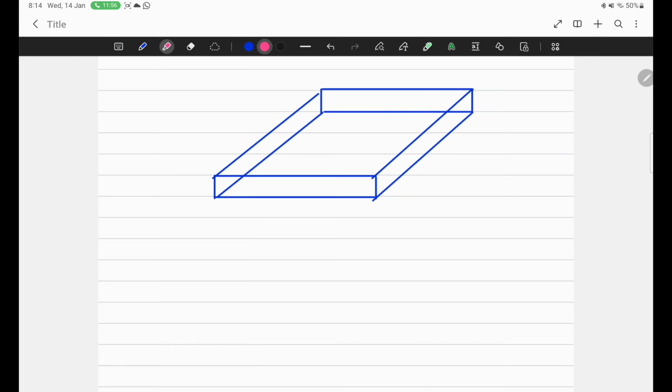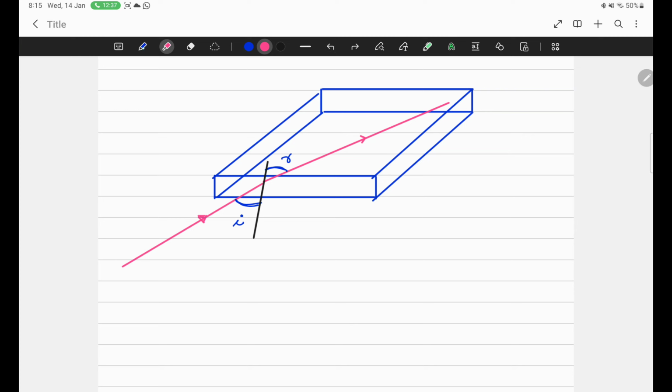This is a glass slab, and in this glass slab, if I use a torch light which is striking the boundary of the glass slab, then this is the original path, but the light will not follow the original path. It will bend. When light enters into a glass block, then this is called the angle of incidence. This is called the angle of refraction, and light does not continue in a straight line, but it is bending.